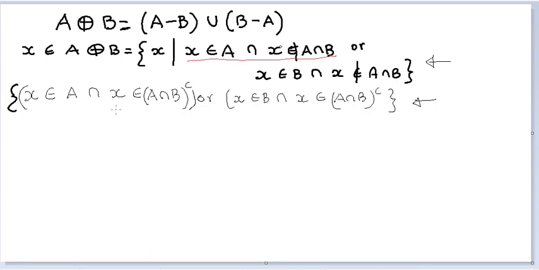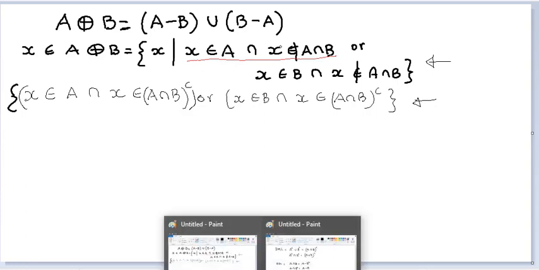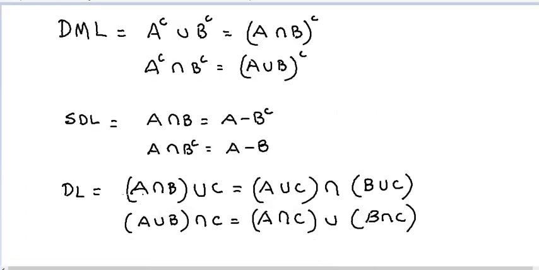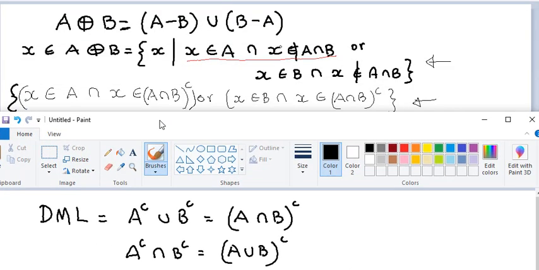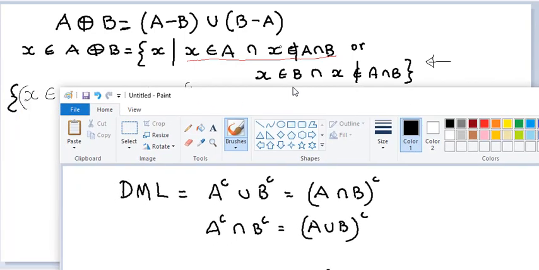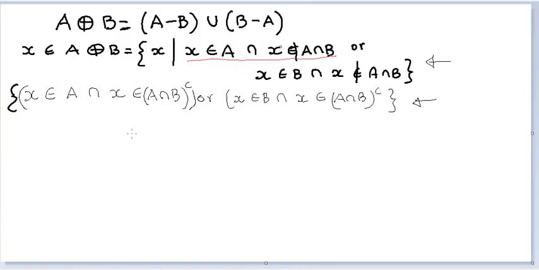So now if you expand this using De Morgan's law, we just showed you that De Morgan's law has two laws, right? So here A intersection B complement can be written as A complement union B complement, right? So we can rewrite that.